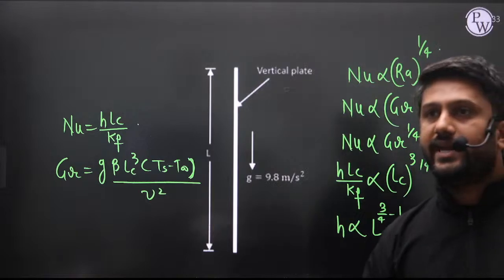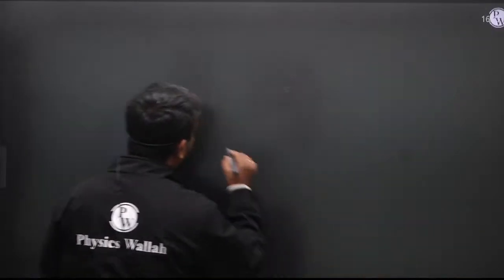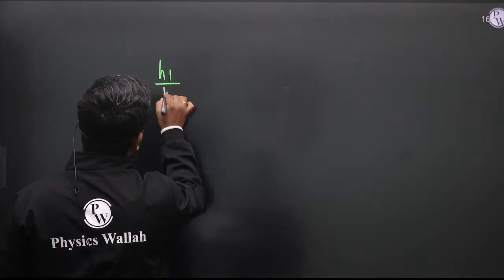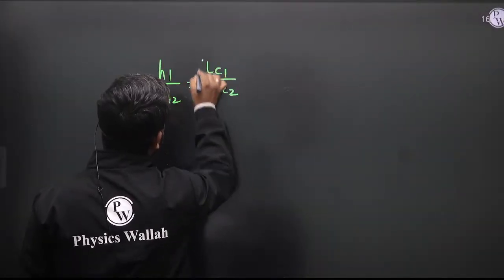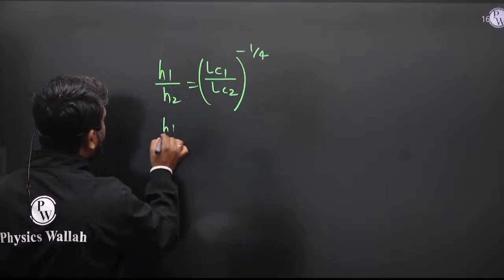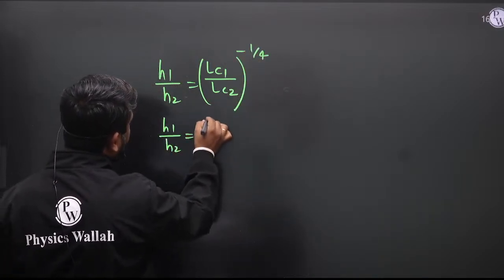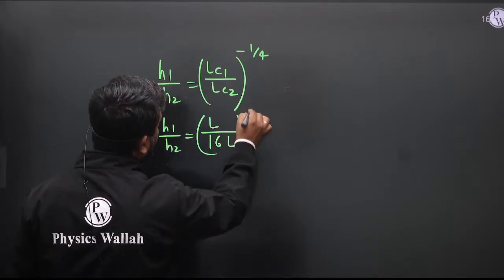Right. So H1 by H2 is Lc1 by Lc2 to the power minus 1 by 4. So H1 by H2: now this is L, and this is 16 times L, to the power minus 1 by 4.